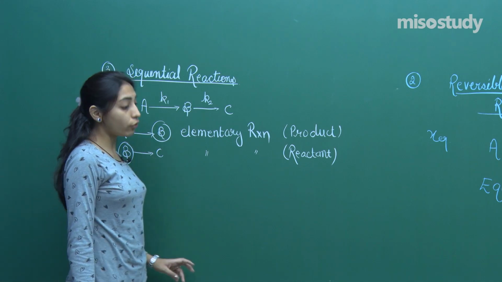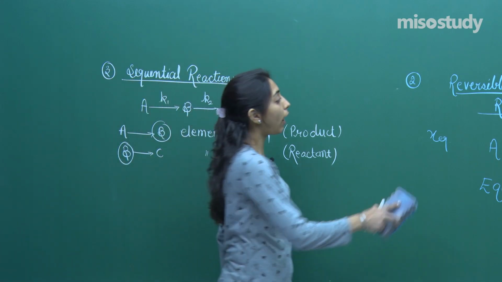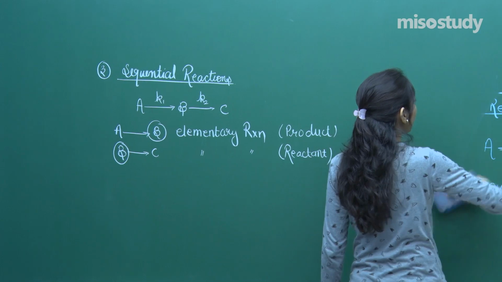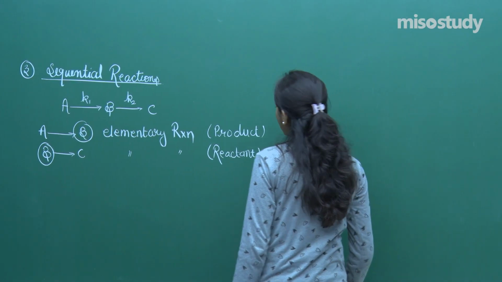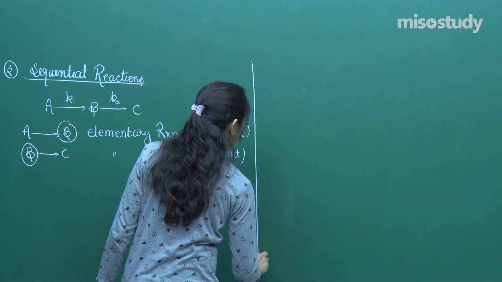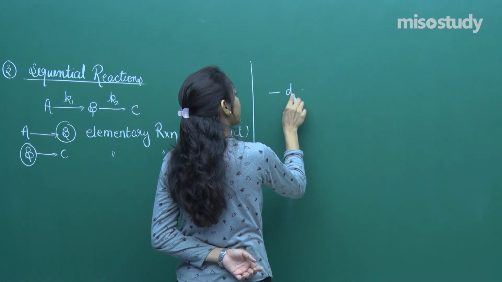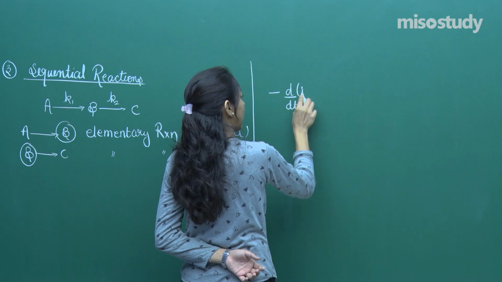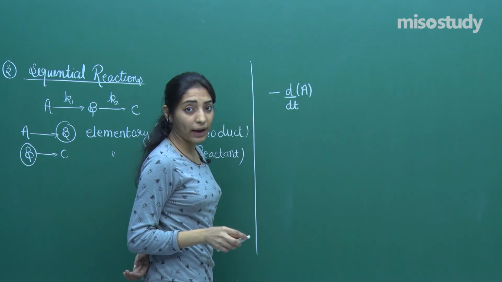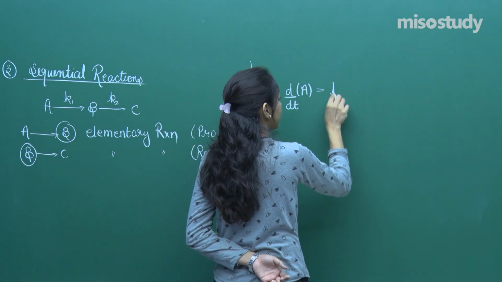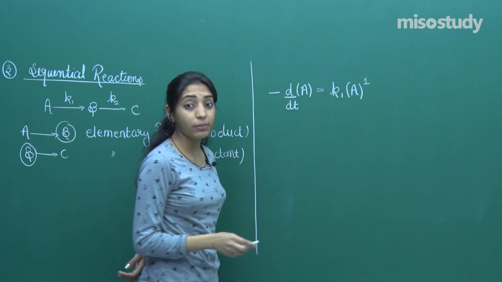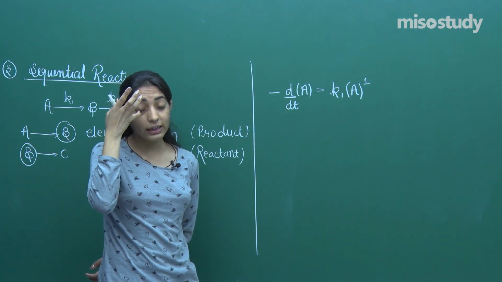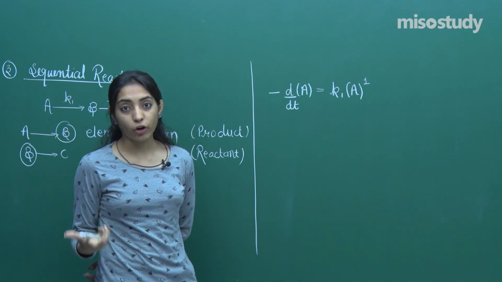So if I am not wrong, I have already explained to you how you are going to represent the rate of such a reaction. You remember I told you that minus dA by dt could be written as K1 times the concentration of A raised to the power 1, because it was an elementary reaction, a first order reaction, right?